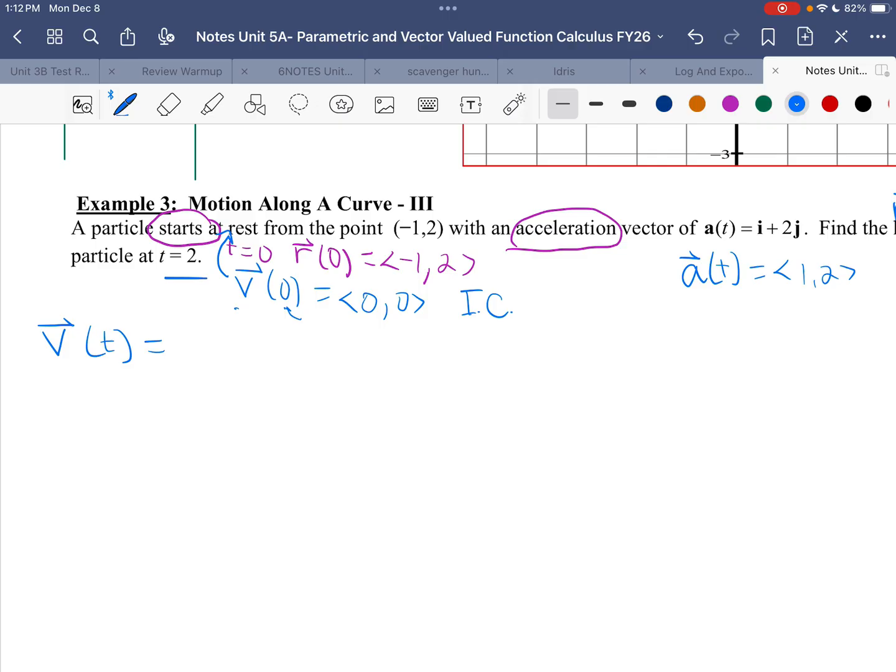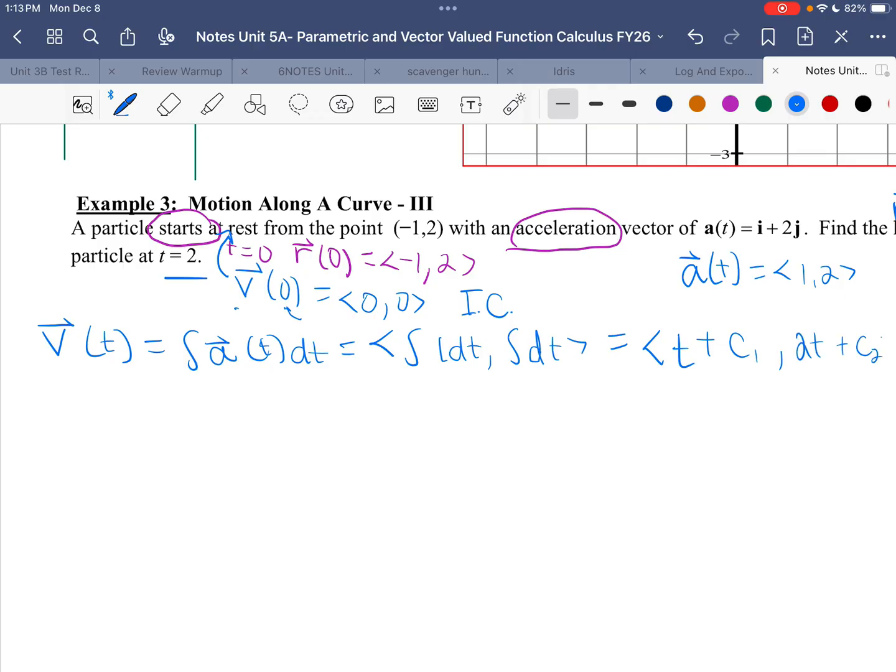Velocity is equal to the integral of acceleration. So we want to integrate 1 and 2 with respect to t, which means our velocity becomes t plus c1, 2t plus c2.